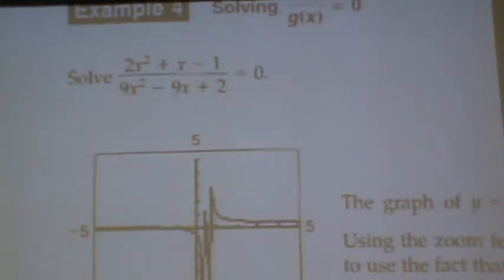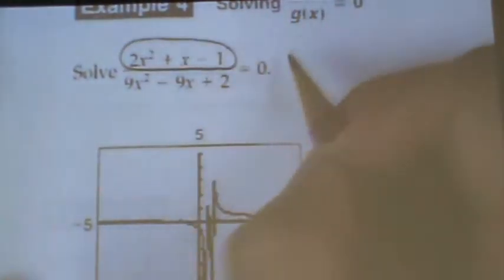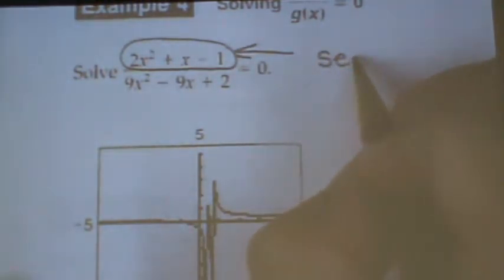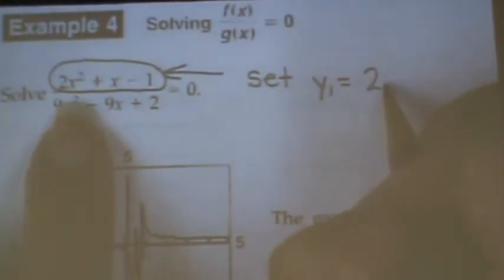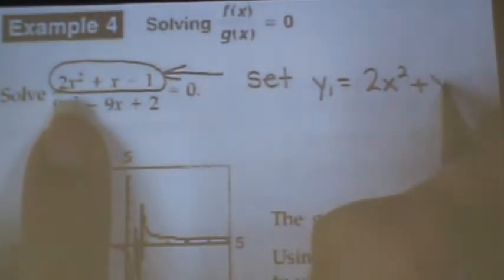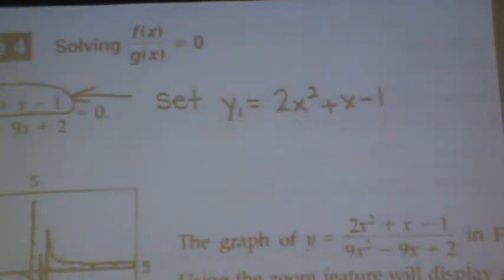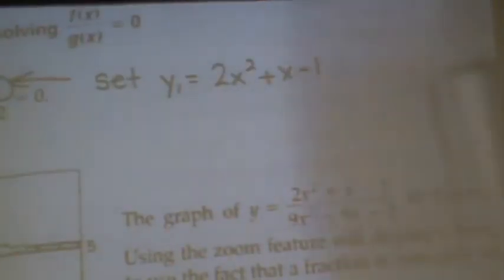So all you're going to do when you have a fraction is take only the numerator and set this equal to 0. So under y1, you're going to do 2x squared plus x minus 1. So go ahead and do that and tell me what you get.